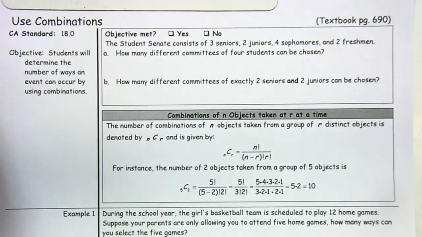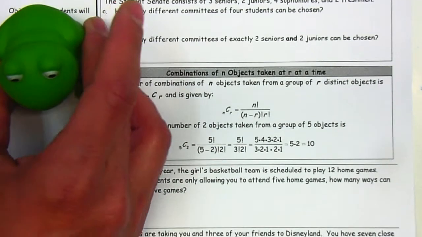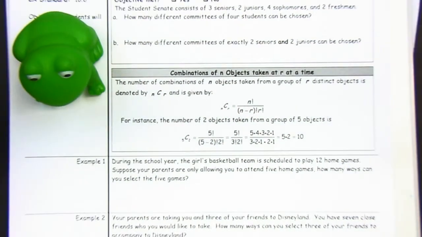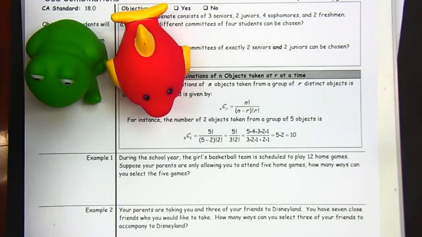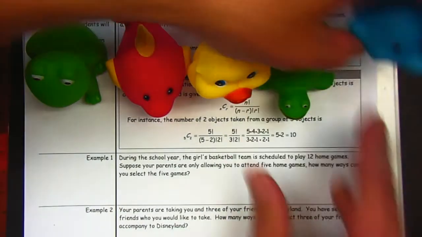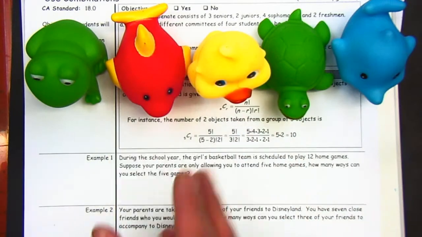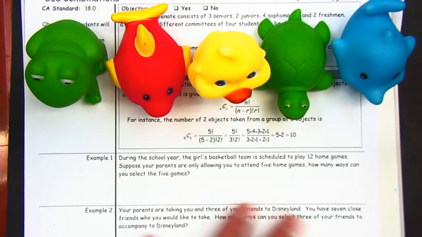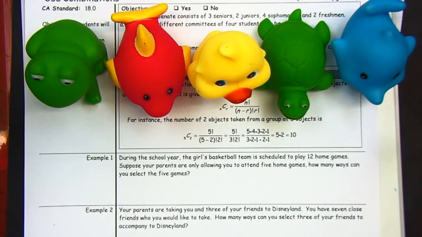Remember, in the last section we covered the concept: if we have 5 animals, in how many different ways can we rearrange these 5 animals?